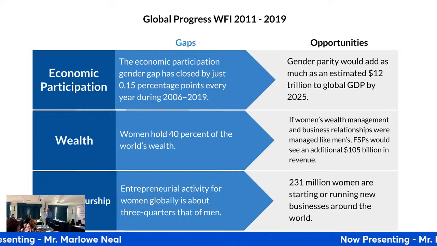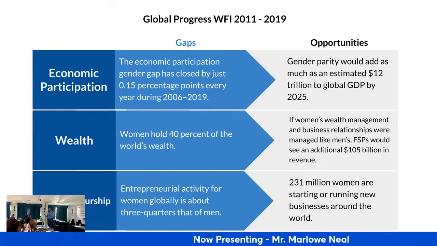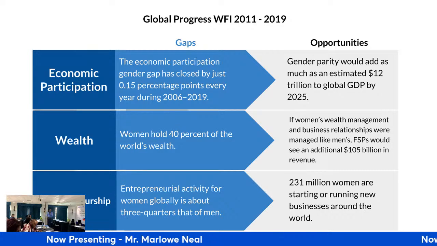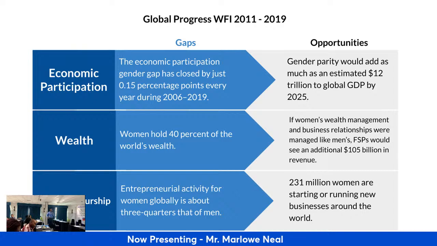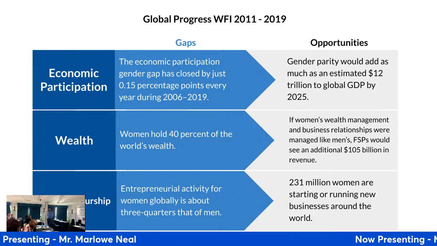But we mentioned yesterday, on the one side of risk, the other side is opportunity. And the opportunity in that regard is gender parity. In other words, if the gender gap does close, what does that mean in terms of global output? Well, that means that an estimated $12 trillion would be added to GDP by 2025 if that gap is closed.